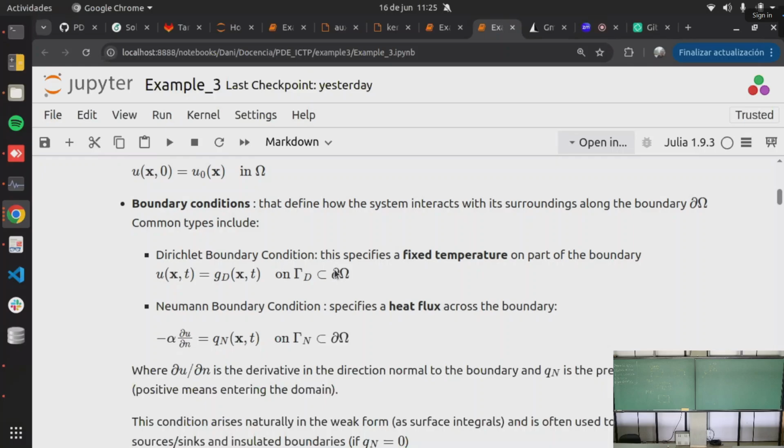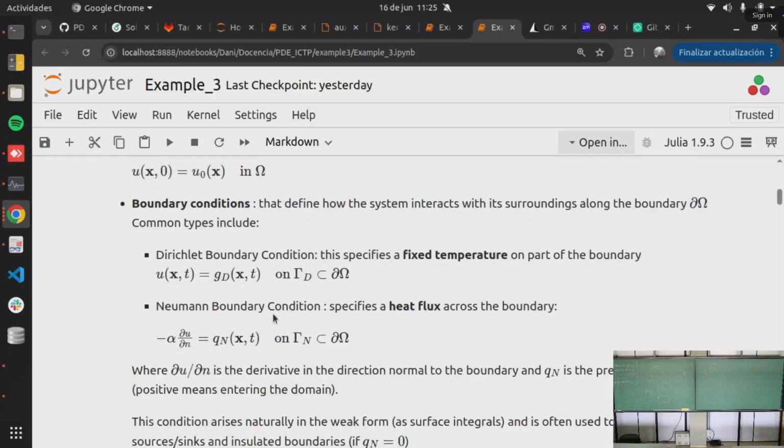We will impose this Dirichlet boundary condition to assume that the exterior of the box is at a fixed temperature. That is a simplified case. And a Neumann boundary condition that specifies the heat flux across the resistor boundary.